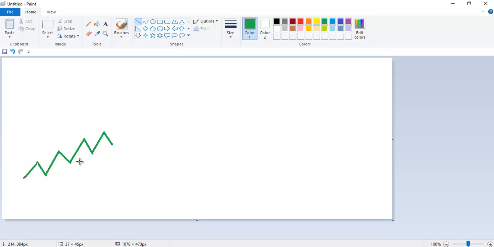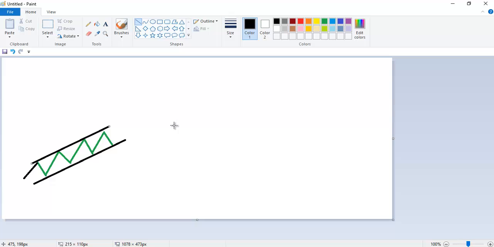These lows indicate that the market is trending towards the upside, and what we can do is draw a channel by connecting these. Keep in mind, it is not necessary that the channel lines will always be touched, but it gives you an idea that the market is trending towards the upside.